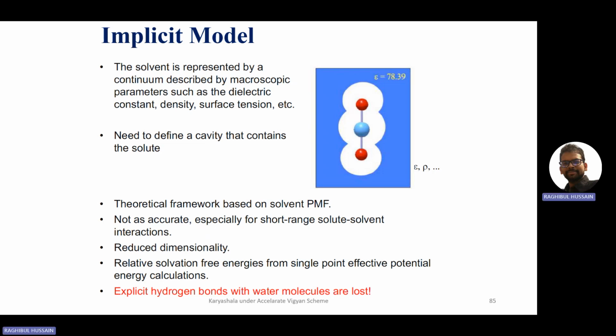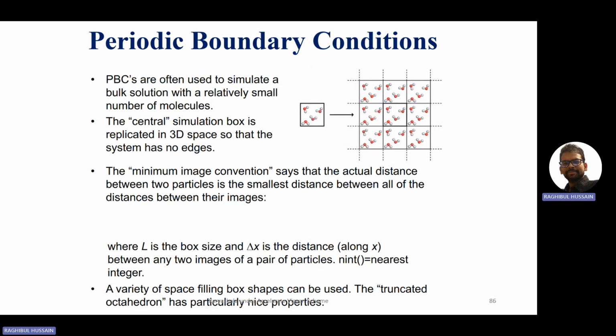Then there is the theoretical framework based solvent PMF, potential of mean force. They are not accurate for MD computation, but for DFT they are very accurate. It reduces the dimensionality, gives relative solvation free energies from single point effective potential energy calculation, and explicit hydrogen bonds with water molecules are lost. This is one of the drawbacks.